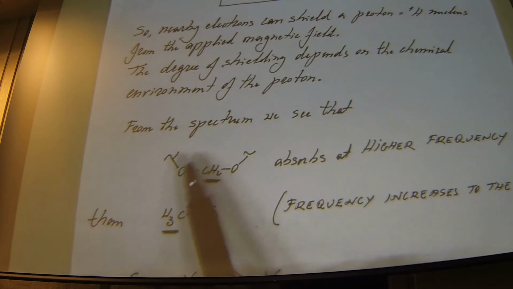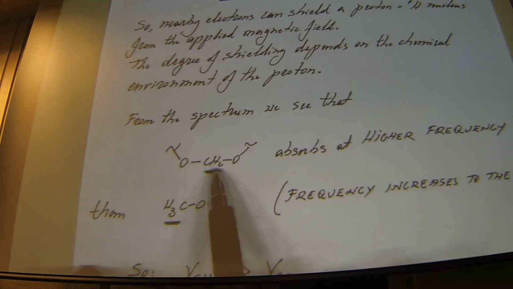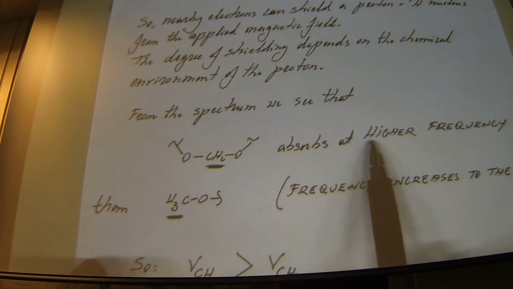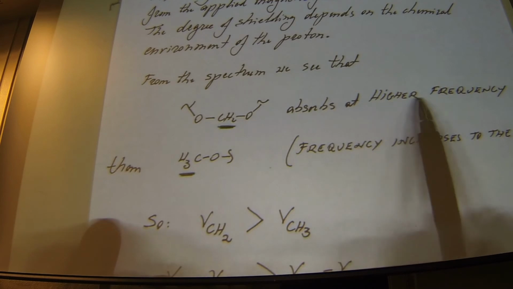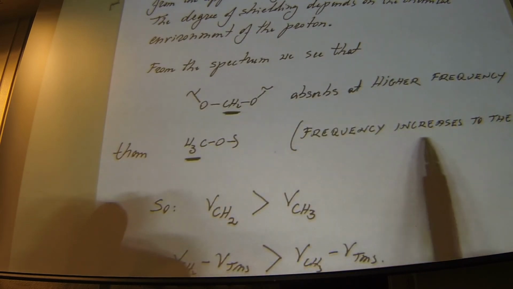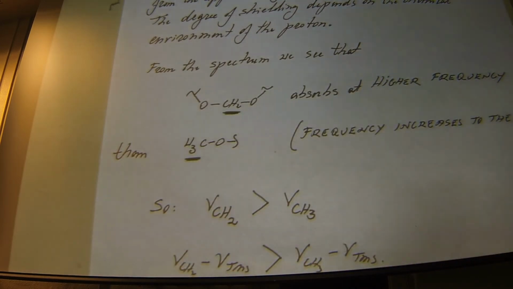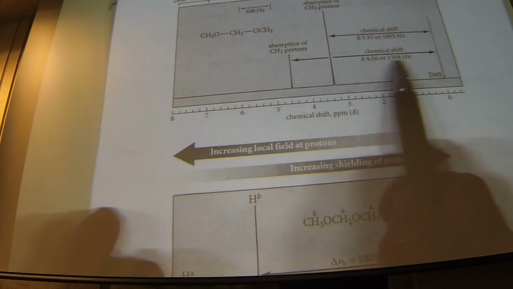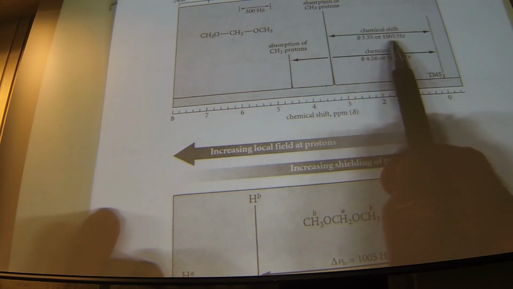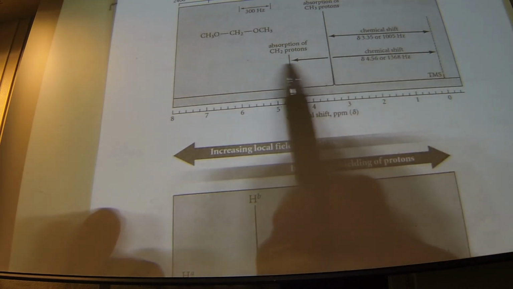And so from the spectrum, you can see that this CH2 absorbs, comes into resonance, means the same thing, absorbs at higher frequency than the methyls. So the frequency, remember, increases to the left. So let's take a look here. So delta nu here, remember, was 1368. Here it's about 1005. So CH2 requires higher frequency.